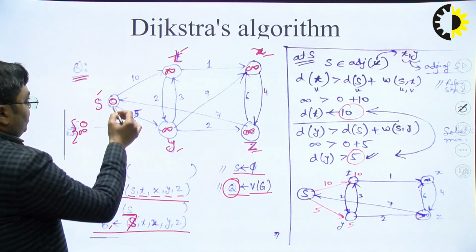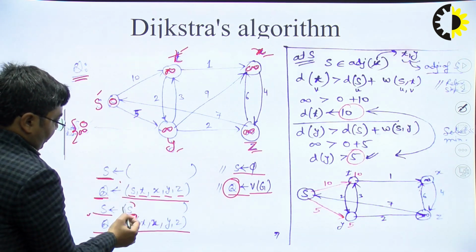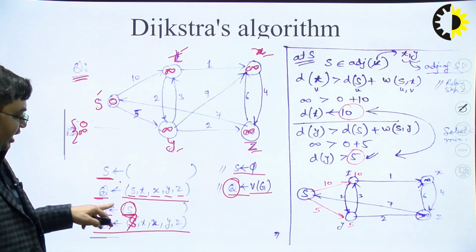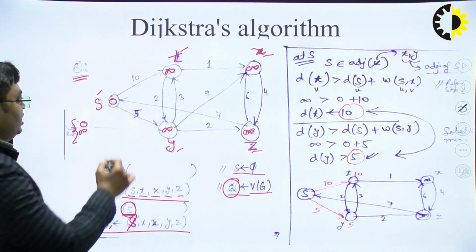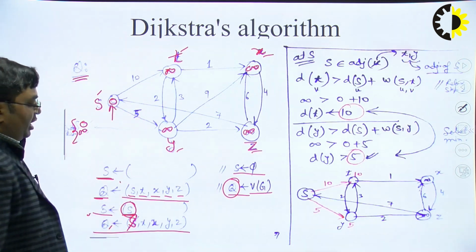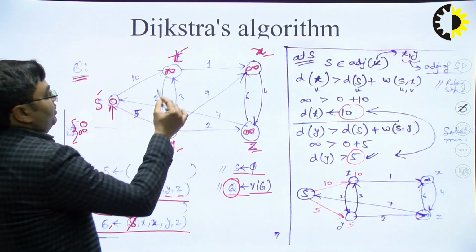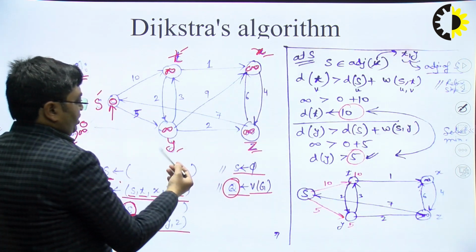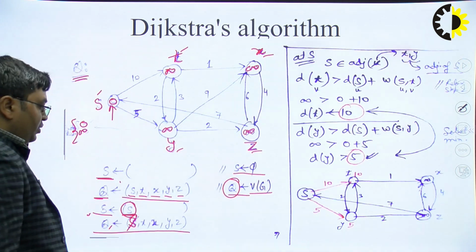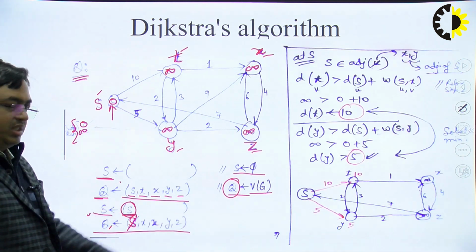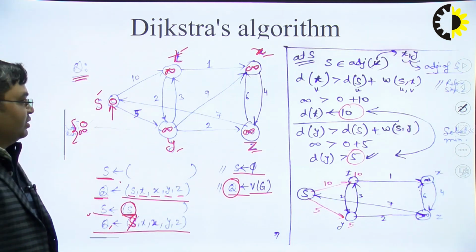Then after covering S, we have to cover the next 4 vertices T, X, Y and Z. For all the other vertices, we have to check the minimum value.